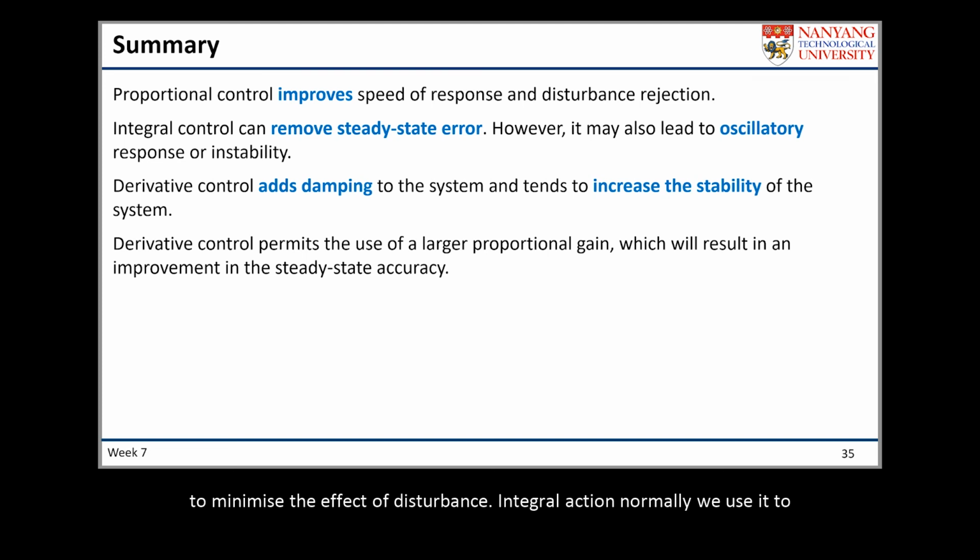Integral action we normally use to improve the accuracy, to minimize the steady state error. But using integral action might result in an oscillatory response, which you don't like, of course. To mitigate this oscillation, we introduce derivative action.